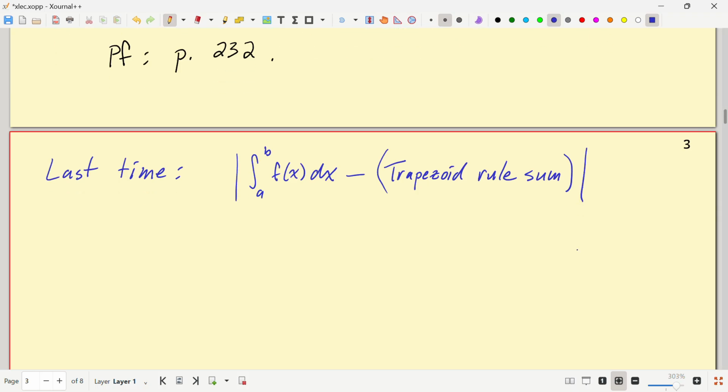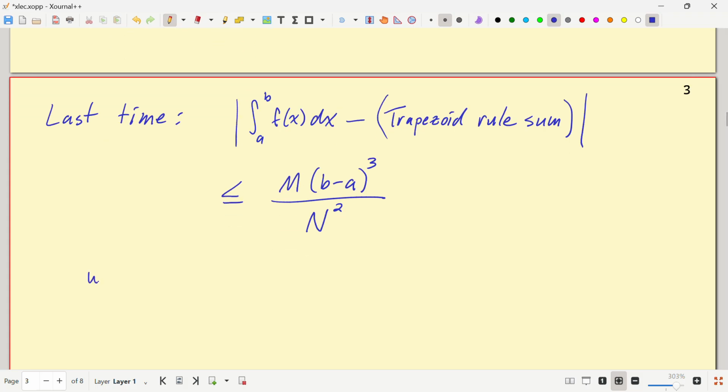I used the mean value theorem and showed that this is less than or equal to M times b minus a cubed over n squared, where the M is the maximum of the second derivative of f, so I assumed it was C2 smooth on AB. And the delta x in the trapezoid rule is b minus a over n.